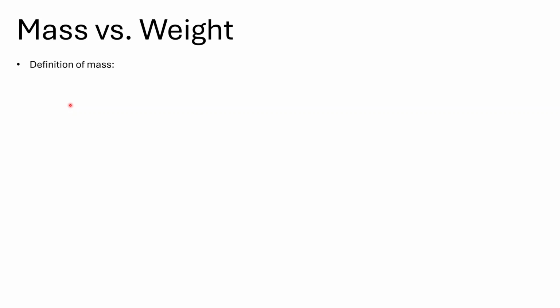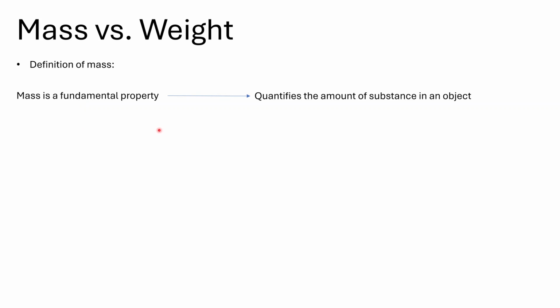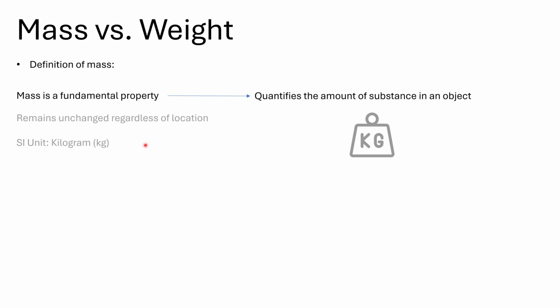Mass versus weight. Definition of mass. Mass is a fundamental property which quantifies the amount of substance in an object. Mass remains unchanged regardless of location, and the SI unit for mass is kilograms, or kg. Definition of weight.